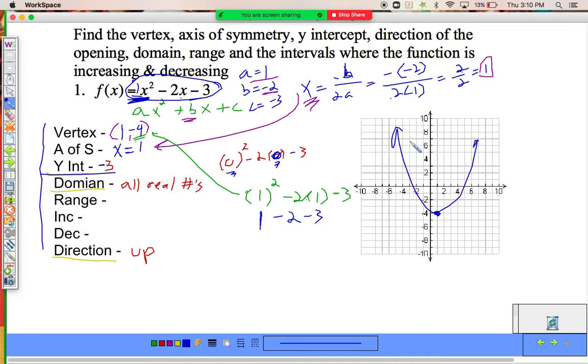So I'm going to make a basic sketch, plotting my vertex, and using the direction to draw some type of parabola. Now, finish the problem for me.